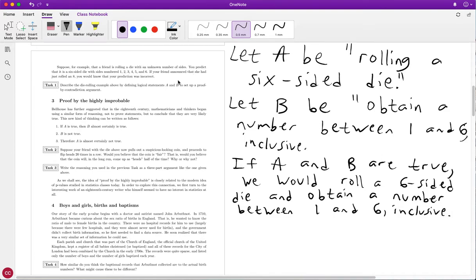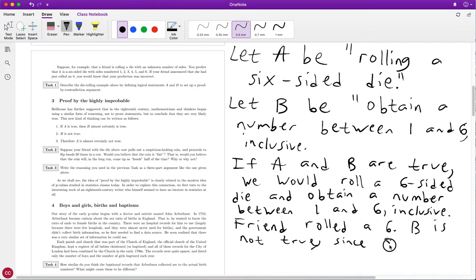But here we had that your friend rolled an 8. So friend rolled an 8, which thus means that B then is not true now, since 8 is greater than 1 through 6.